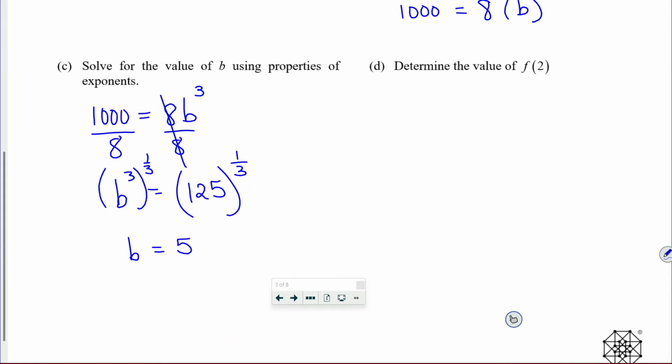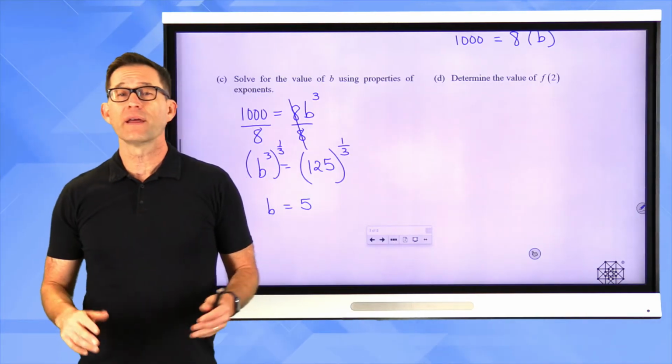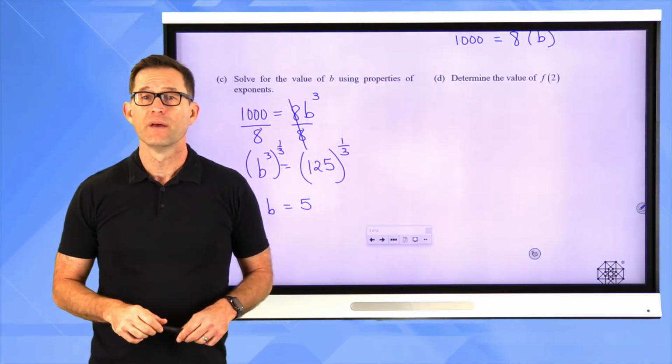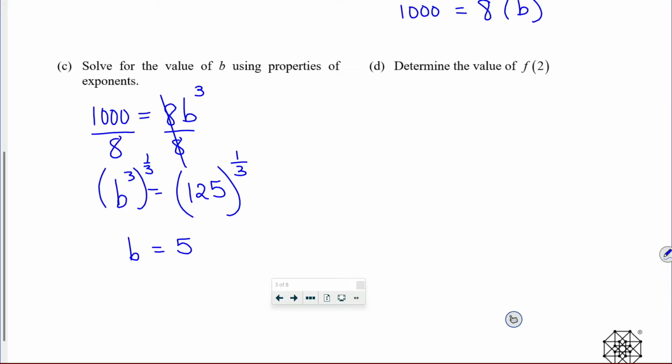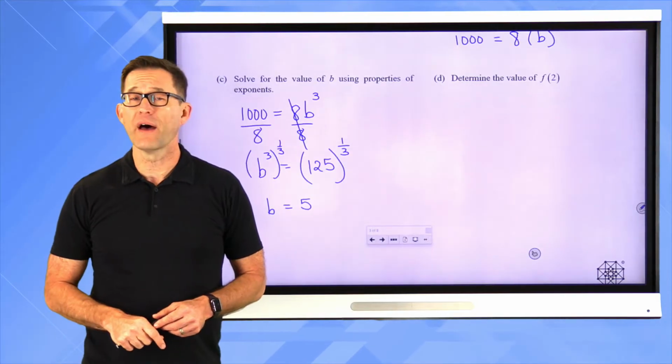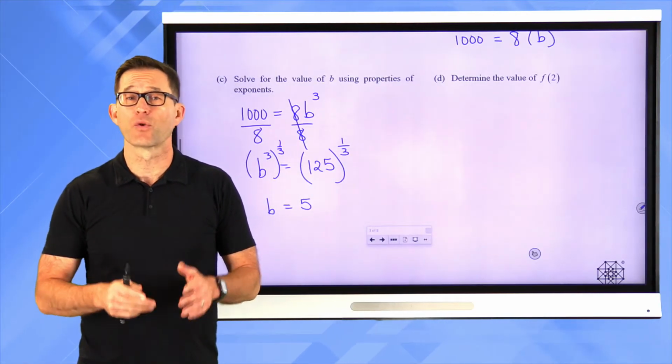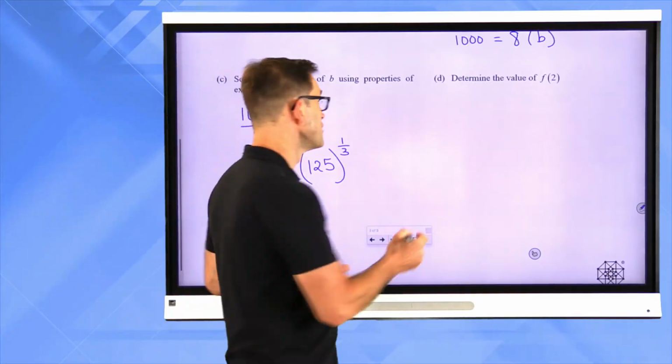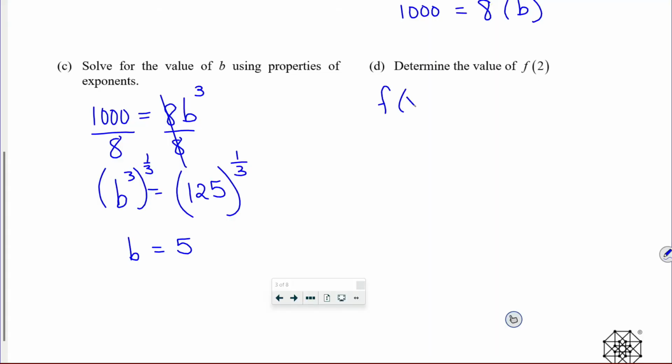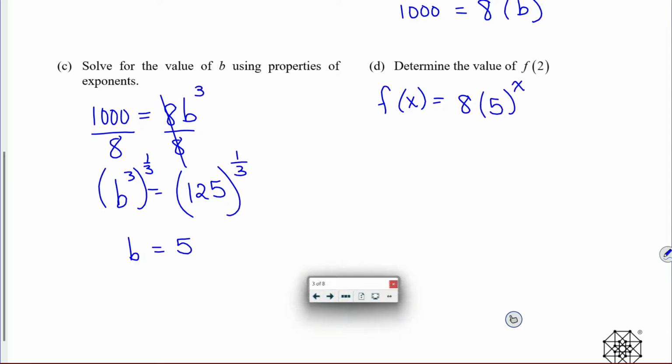Let's go back to our full screen, right? Finally, letter D, determine the value of f of 2. Well, in order to figure out what f of 2 is, it may be wise to just write down f of x now, because we have everything. F of x now is equal to 8 times 5 to the x. There's our full exponential function.